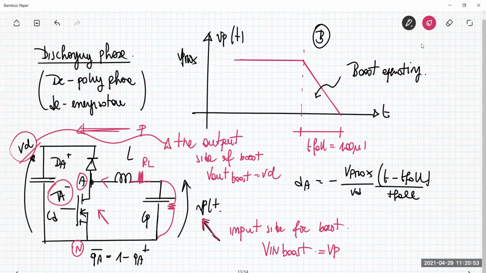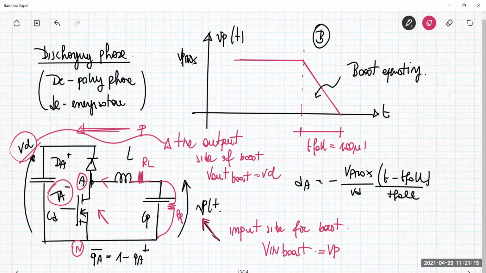Most of the time, always, we have parasitics in series or in parallel. For example, you have a resistance in series with the inductance due to the terminals, leads, etc. And you have also a very large resistance RP in parallel to the capacitor, which is the piezoelectric material.